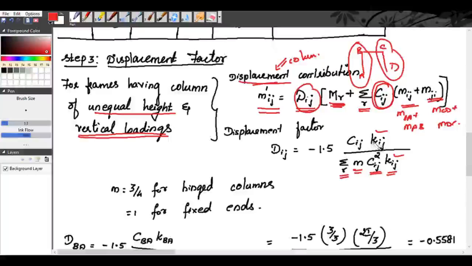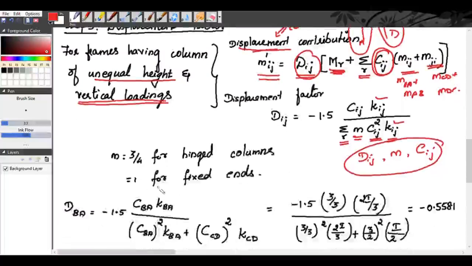The unknown things are Dij, M and Cij. M is equal to 3 by 4 for hinged columns and 1 for fixed columns. For our case, it is fixed column. So, our M is equal to 1. Suppose if the column has hinged support, then we will take M is equal to 3 by 4.